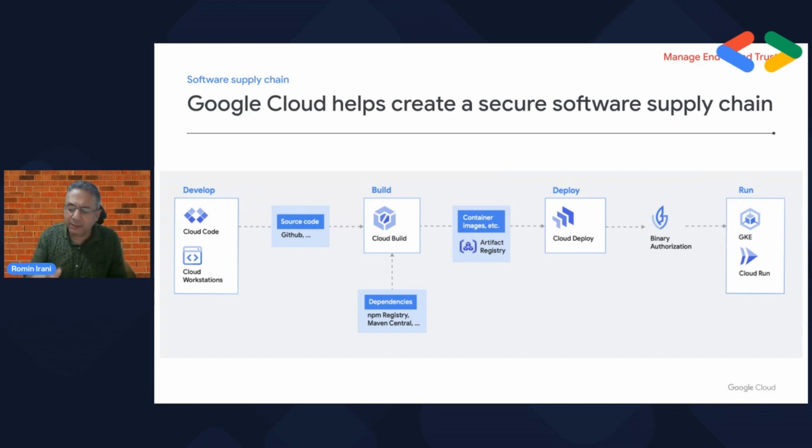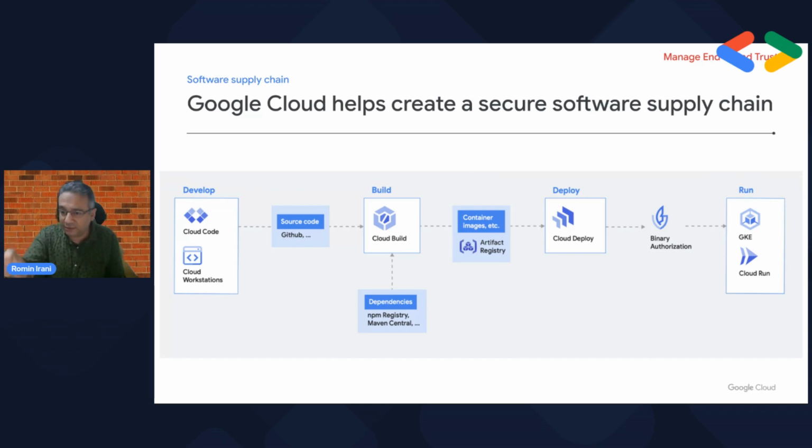It prevents building of the software in case there are any known vulnerabilities in the dependencies that you're using. Similarly, if you push any artifacts into the Artifact Registry, we can even give you a vulnerability analysis. And finally, at runtime, as I mentioned, we will not deploy any package or artifact which has not gone through these checks and balances.